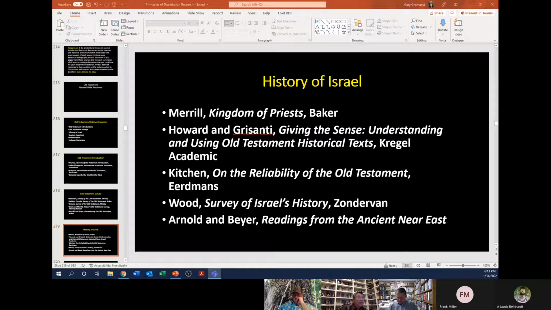It goes into more of the archaeological context, giving the evidence for various individuals mentioned throughout the Old Testament, and going into detail on, like, Edom and Moab, and chronology deals with that issue.